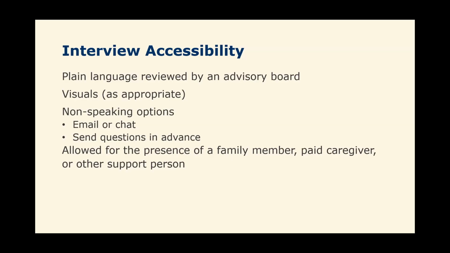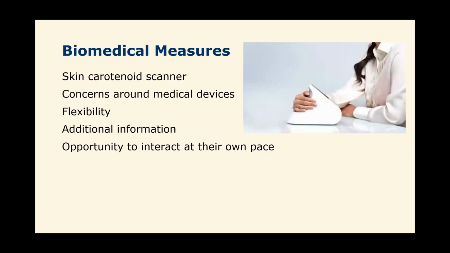We also wanted to make sure that anything we were doing that required interaction with a device was understandable and accessible. So for this case study specifically, we did use a skin carotenoid scanner. And this here, you'll see a picture on the screen of what that is.